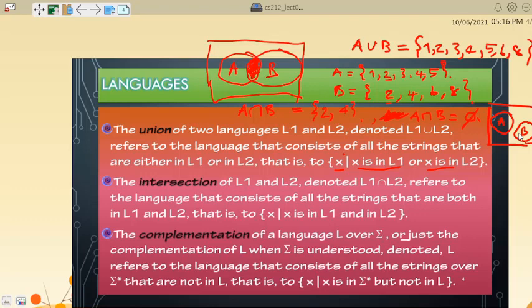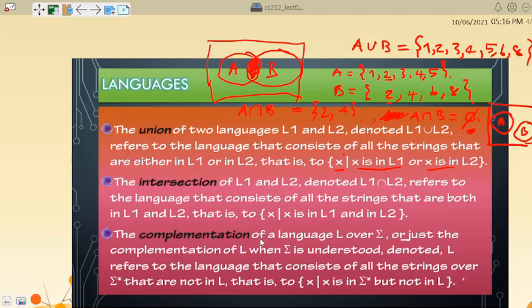But if A and B do not have any element in common, then we say that A intersection B is equal to the empty set.